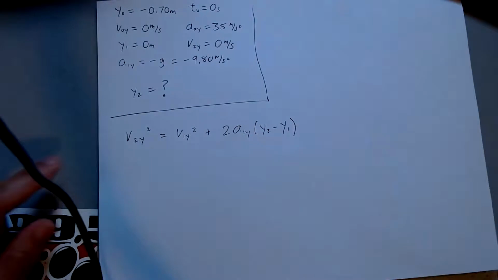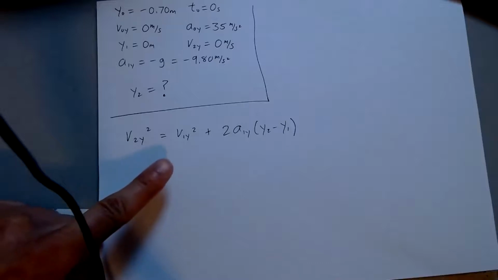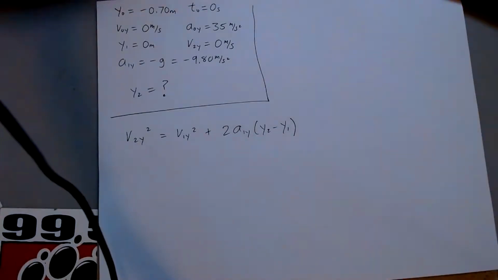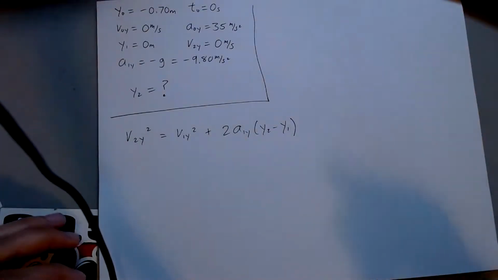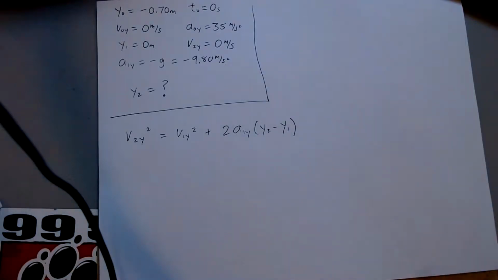Notice that the velocity at the very end, when he's at this highest point, squared is equal to the velocity as he is just about to leave the ground, squared, plus 2 times his acceleration pushing down on him due to gravity, times the difference in his position from when he left the ground to his highest point.